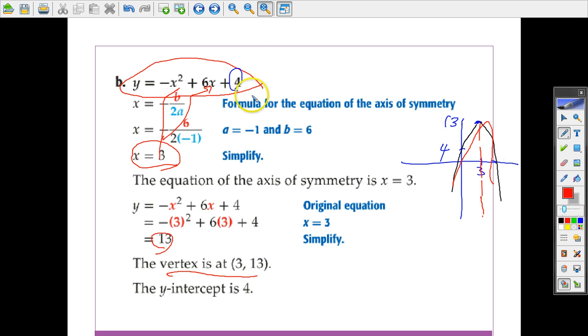A good way for me to memorize that: if it's positive, what do you think about? It's happy, a smiley face. If the a is negative, you don't like negative stuff, boo, frowny face. Positive is happy, negative is frowny. So you see here it's a negative, that means it's going to go upside down. That's one way to memorize it.